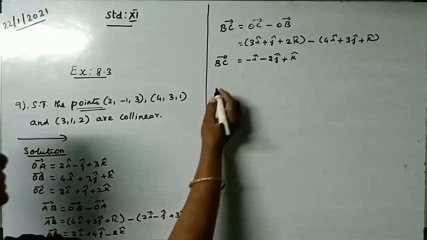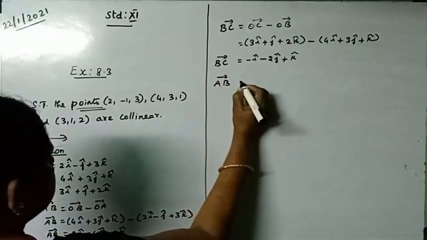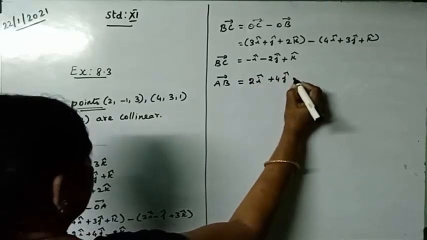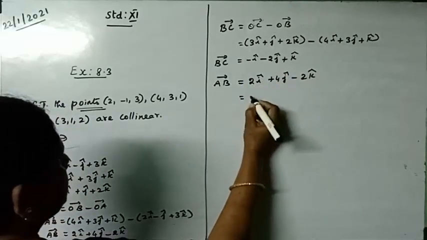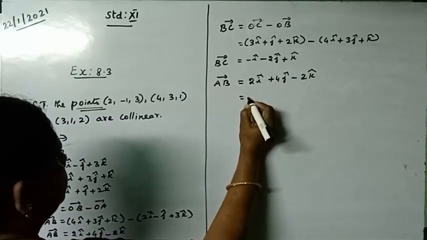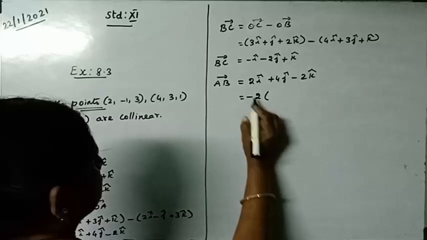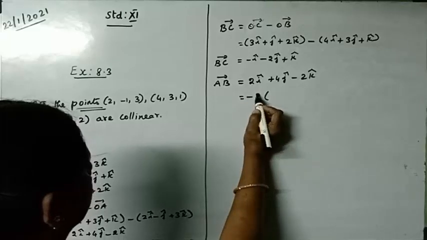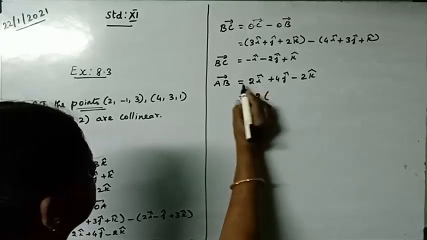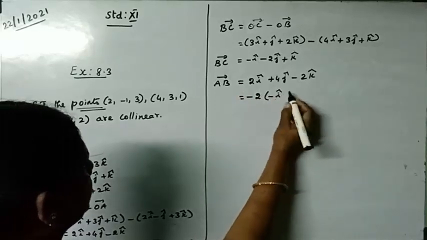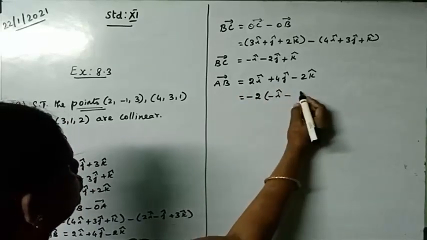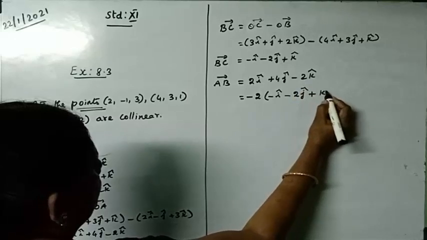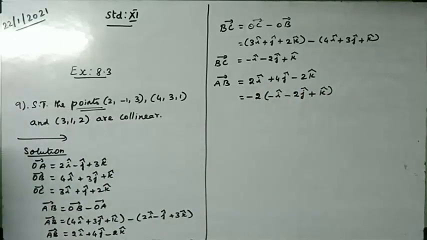If I take this AB vector first, 2i cap plus 4j cap minus 2k cap, and take minus 2 common: 2 divided by 2 is 1, and to get plus here I must take minus, so minus i cap; 2 twos are 4, 2j cap, so minus 2j cap; 2 divided by 2 is 1, and to get minus I must take plus, so plus k cap.